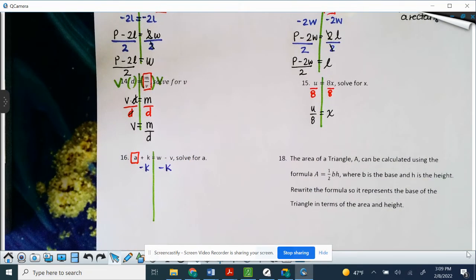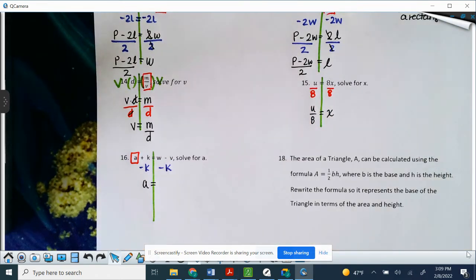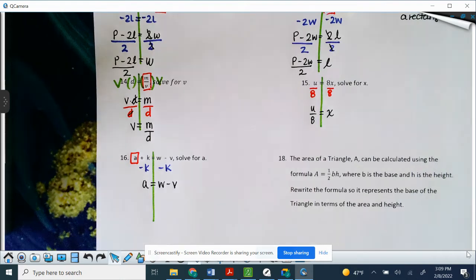And then this is where most students are good, and then we panic, and they write all sorts of wild answers. So my suggestion, write exactly what was there before, and then ask yourself again, what did I do? I subtracted K, even though it's written under it, and that's why I use different colors, because sometimes if you just write in pencil, it all starts to run together, especially if you're nervous or don't feel confident. It's not divided by K, though. It is subtraction of K, because that is the inverse of addition.